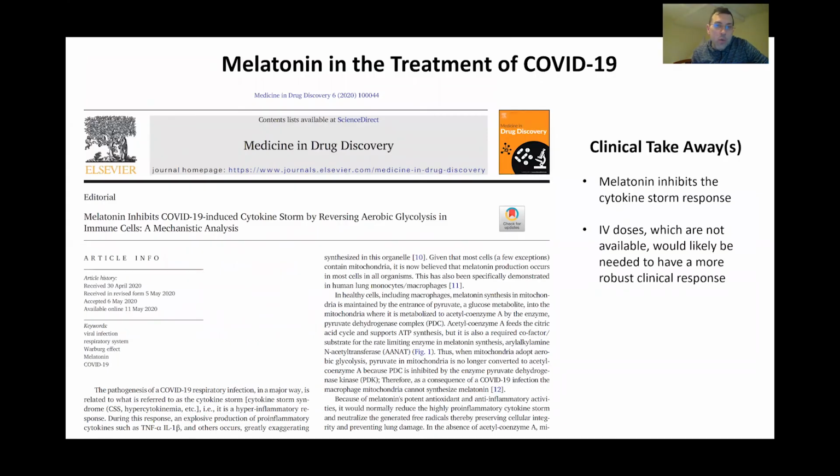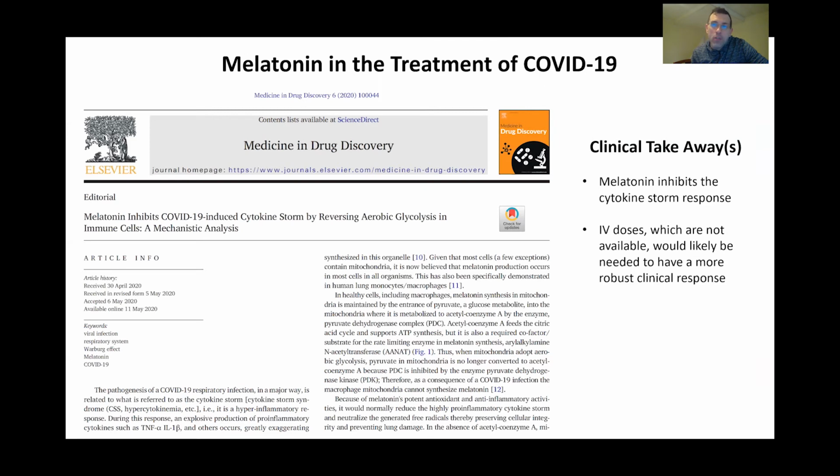So what about melatonin? This was a really interesting paper here in which melatonin is involved in the cytokine cascade, particularly in the cytokine storm response. However, what it appears is that the dosages that would be needed would really have to come via an IV form of melatonin for it to truly shut down that immune response the way we would want.